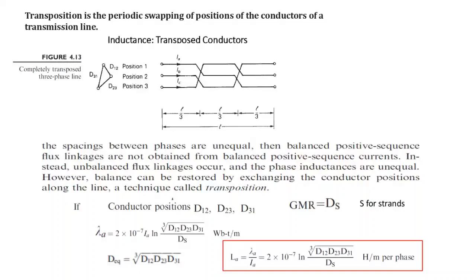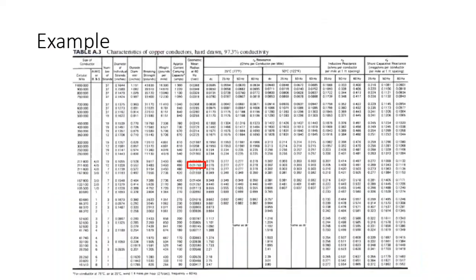So please, even if you're given copper and aluminum, don't just look at the table. Look at the title of the table. This is Table A3, characteristics of copper conductors. Always, when you're given a sheet, any sheet, any table, look at the title. What is it about?